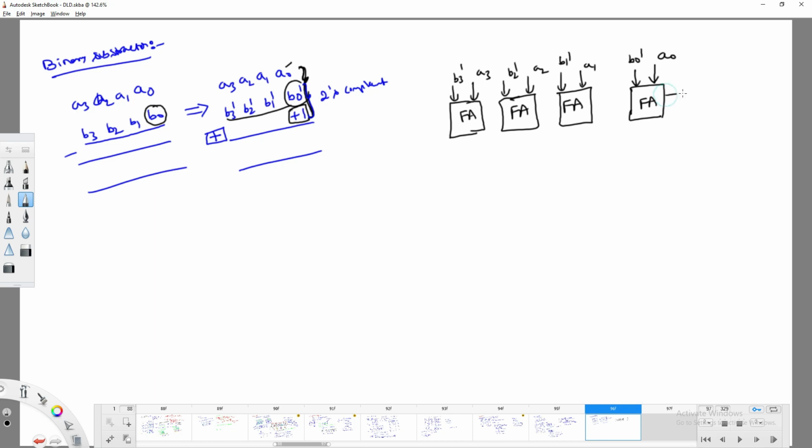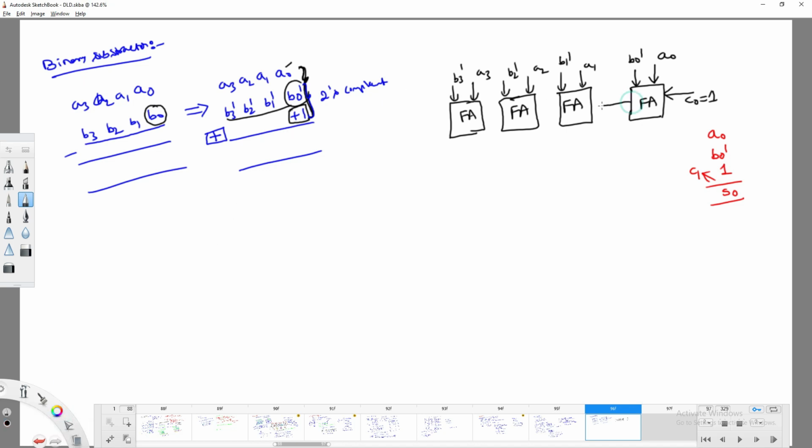If I give C0 as 1, this is indirectly acting as A0, B0 bar, and 1, which is going to produce S0 and produce a carry C1. That's why I am converting into 2's complement.